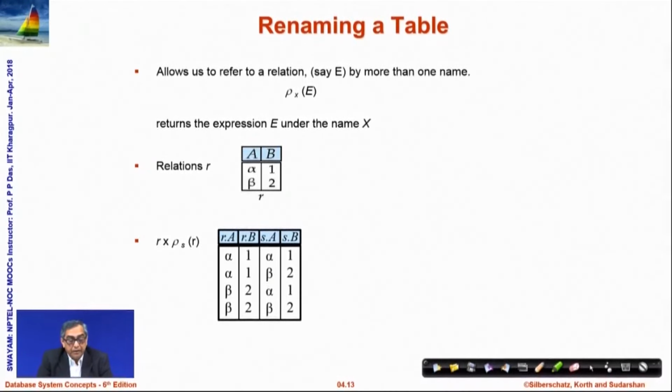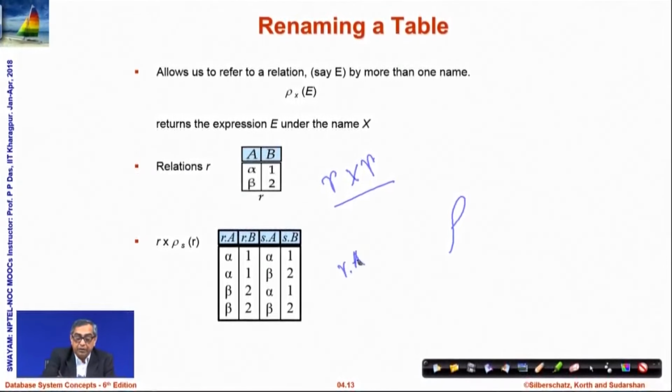This is given by the symbol rho. Using a relation R, you can give it a different name S. Otherwise, you cannot compute R cross R, because if you try to do R cross R, you will have R dot A, R dot B, and you will again have R dot A, R dot B. So, you use this to rename R to S and then compute this.